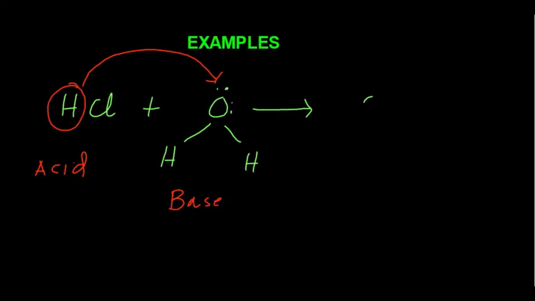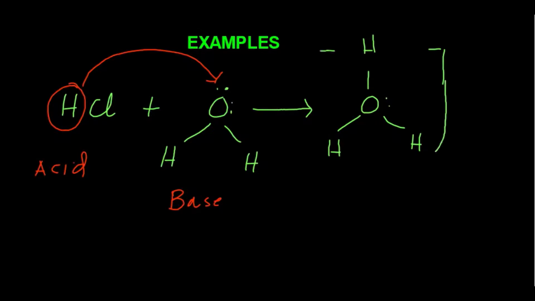Now after accepting a proton from HCl, water changes to H3O plus. Here one lone pair is left on oxygen, since oxygen has given its whole pair of electrons for the formation of a coordinate covalent bond with hydrogen, right students?